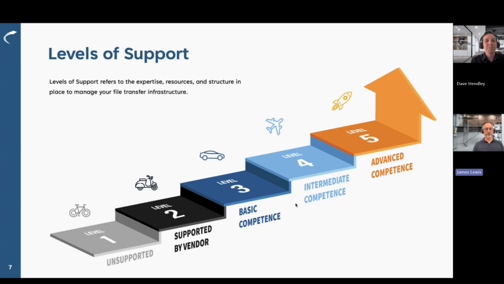Intermediate competence. So at this point, an organization really does understand from a solution perspective that it's pretty critical to their business, and they'll have invested in a certain amount of competence in their internal team. And it doesn't necessarily always need to be the internal team. Some of our customers lean on us for that extra expertise.